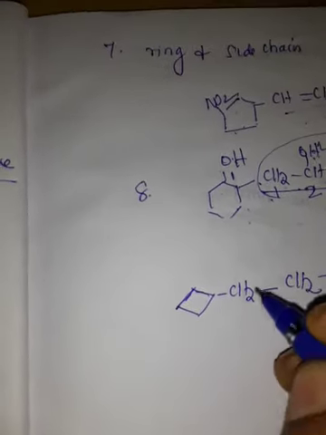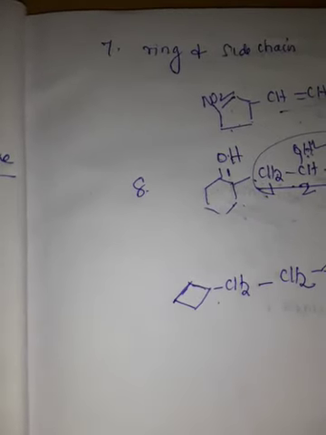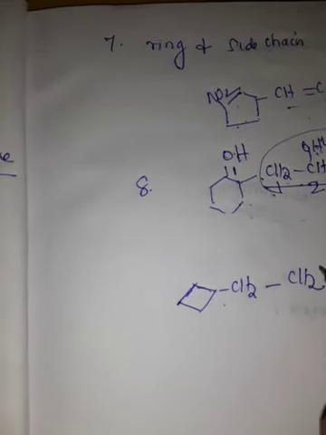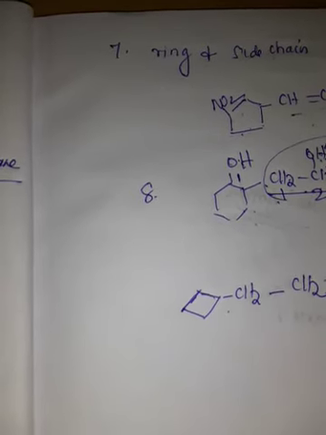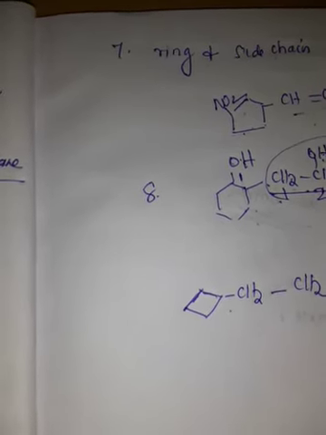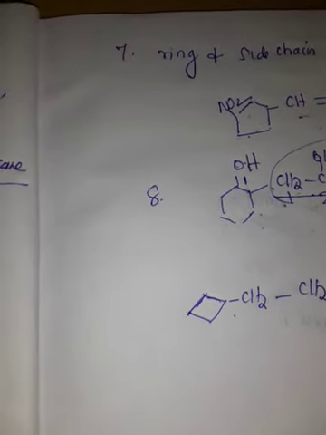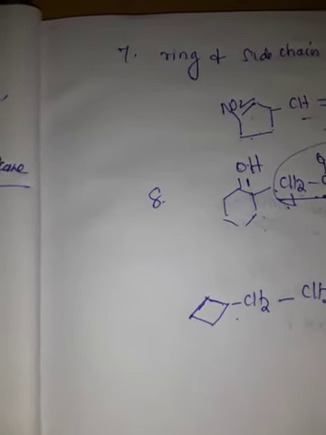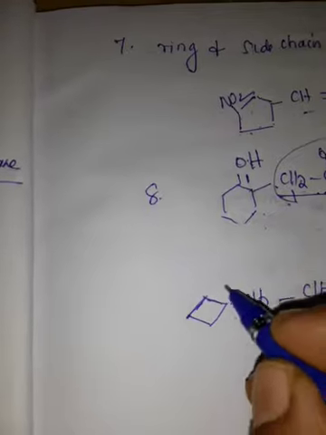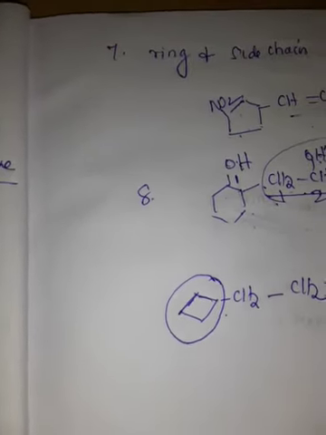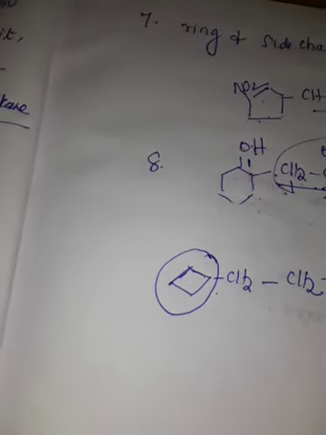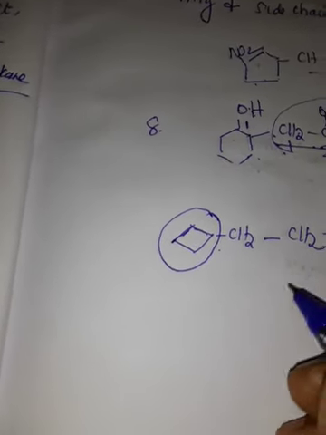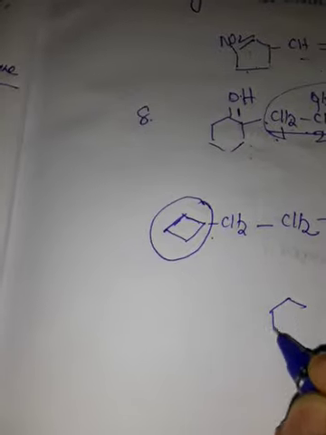So this is the case. If more than one alicyclic ring is attached to the single chain of carbon atoms, then the alicyclic rings are treated as substituents irrespective of the number of atoms in the ring or chain.